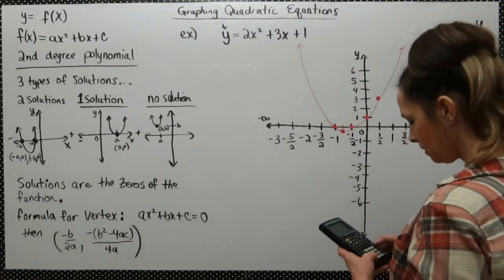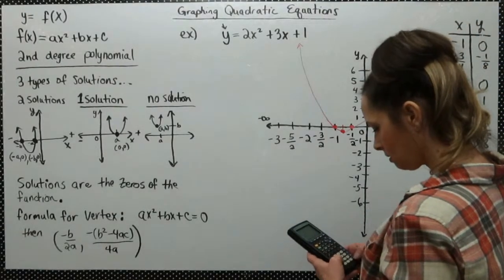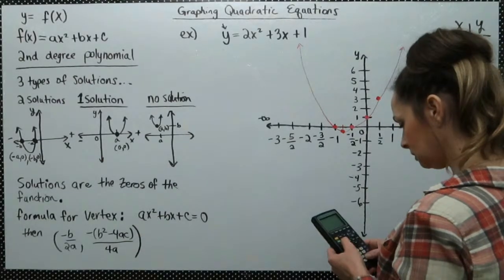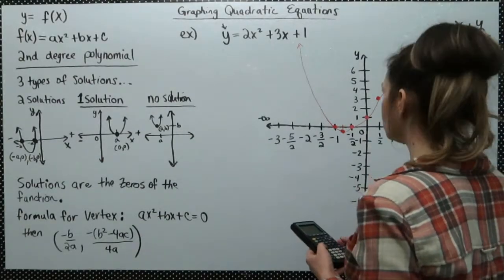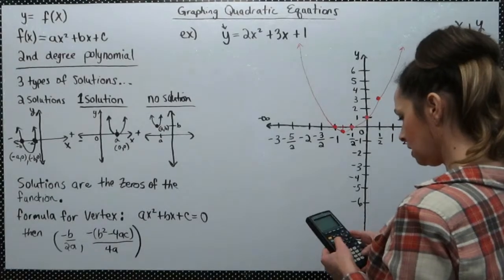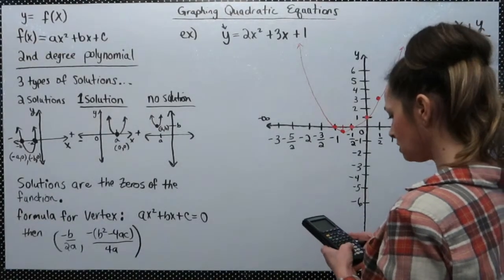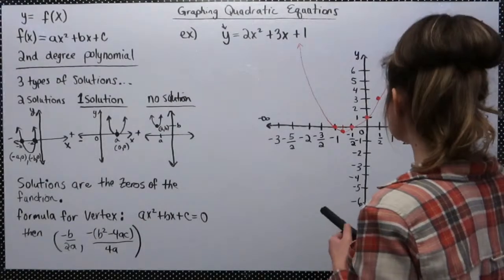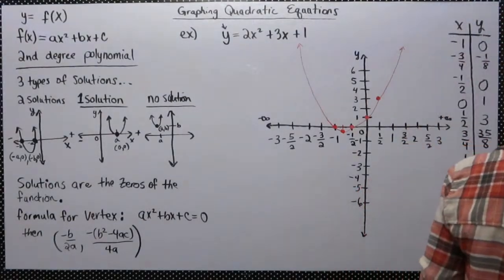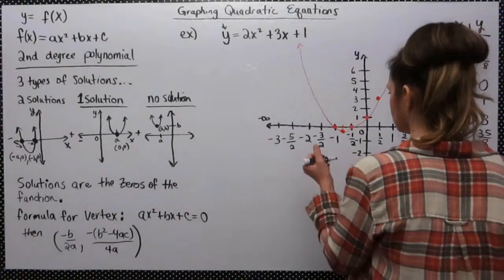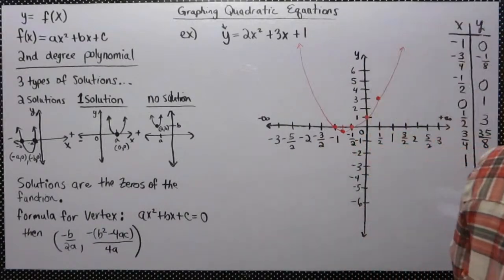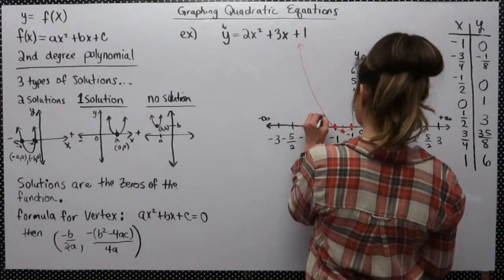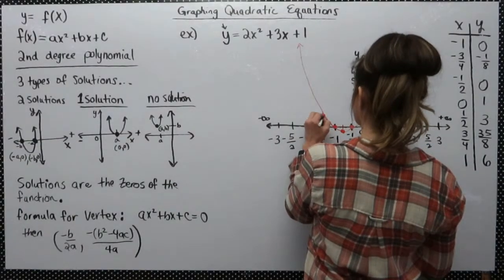So -3/2 squared plus 3x plus 1. And it's saying it's 1 again. Okay, so that makes sense. So it's saying -3/2, 1 is on there. Good.